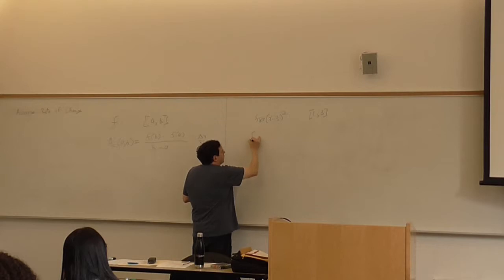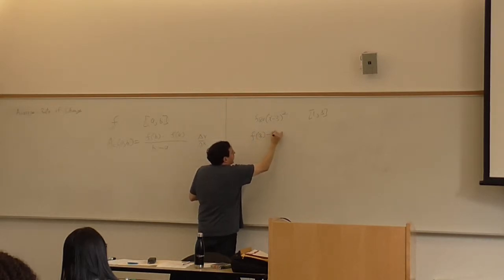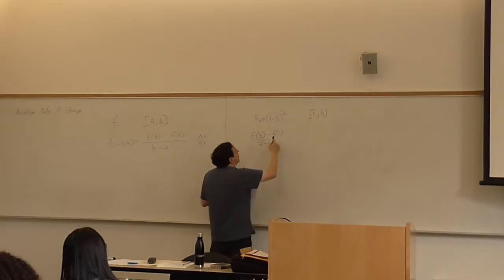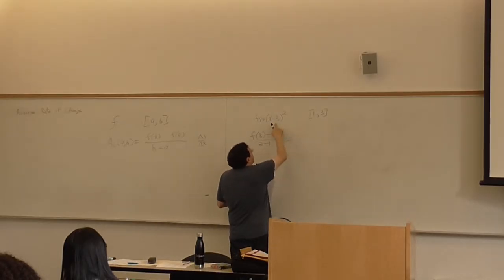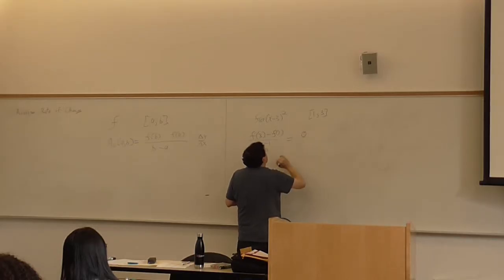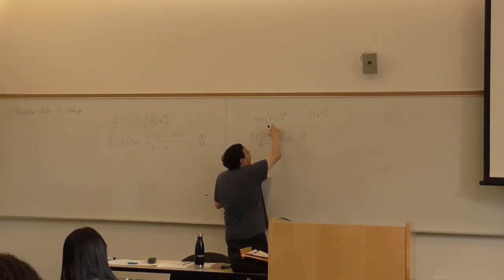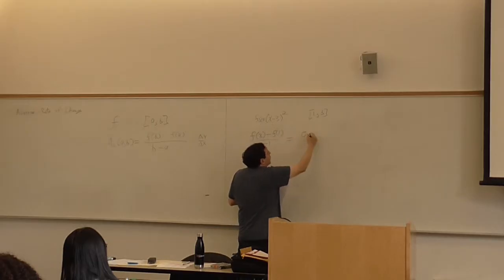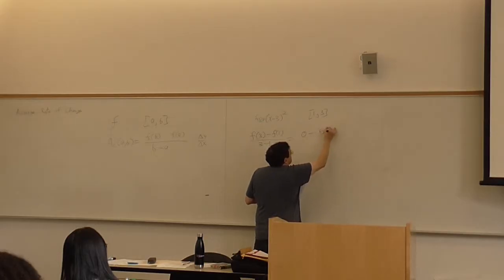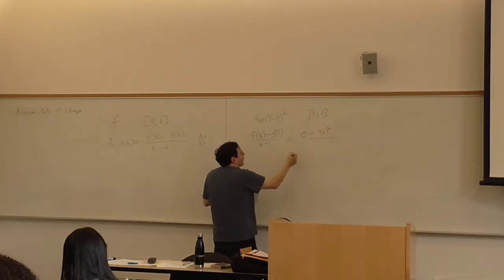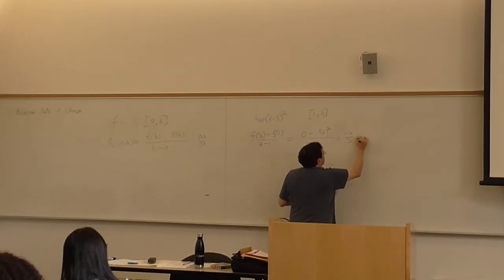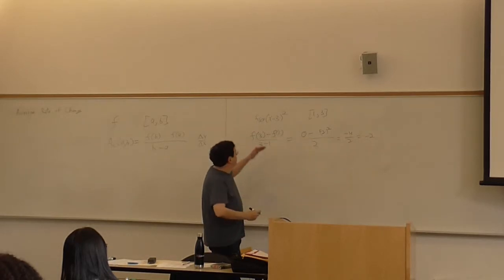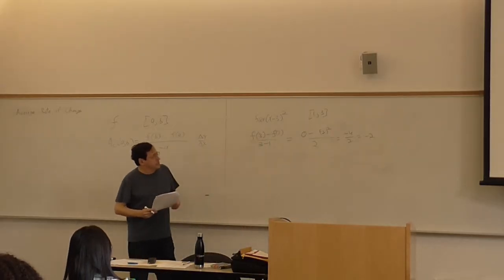So using my formula, this is going to be f of 3 minus f of 1 over 3 minus 1. Well, okay, that's nice. At 3 it's 0. Square is 0. At 1 it's minus 2. And 3 minus 1 is 2. So this is minus 4 over 2 or minus 2. So for this function, the average rate of change on that interval is minus 2.